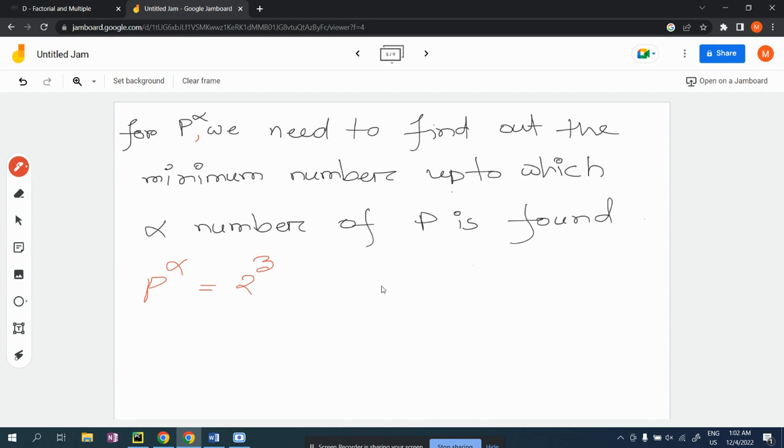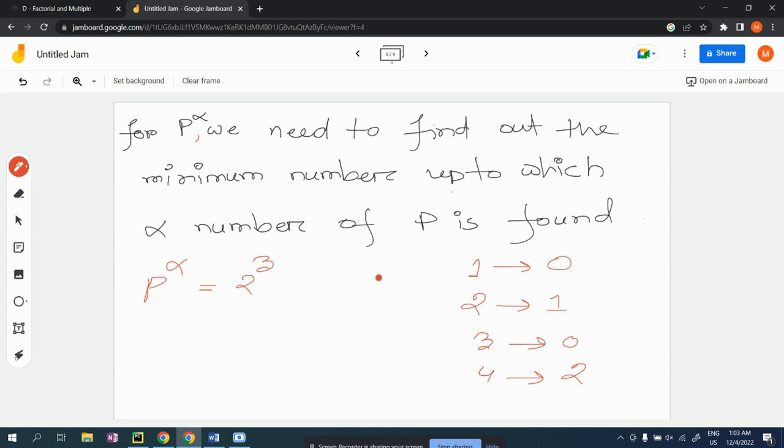So we can see that 1 gives us 0 twos, 2 gives us 1 two, 3 gives us 0 twos, and 4 gives us 2 twos, because 4 is 2 squared. So the minimum number up to which 3 twos can be found is 4.